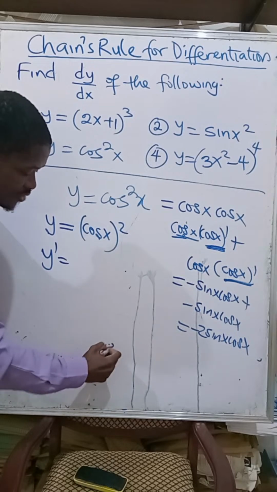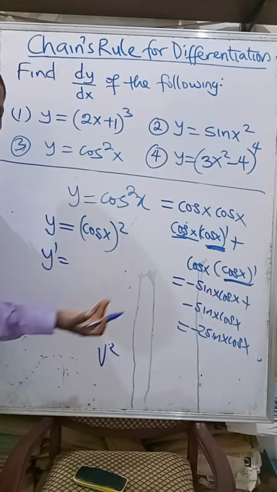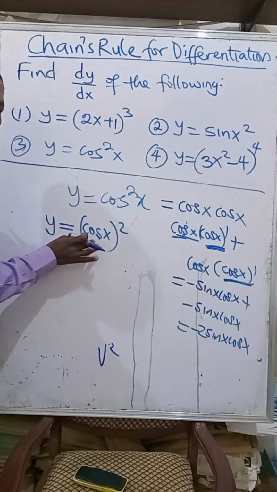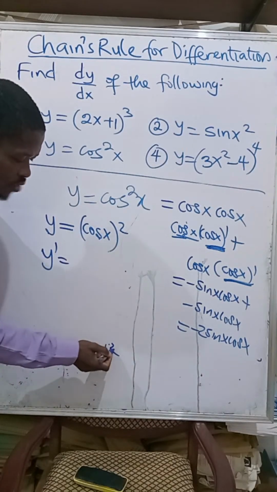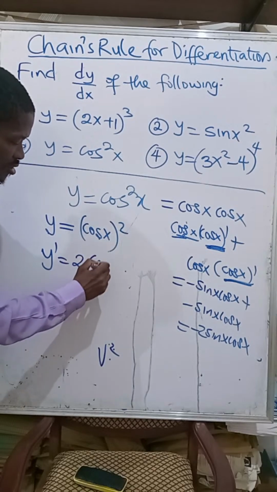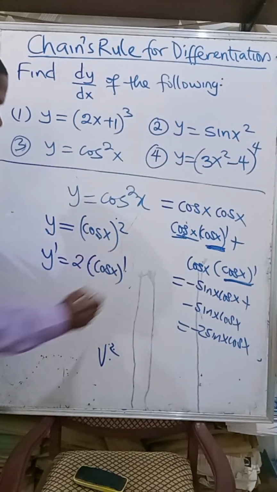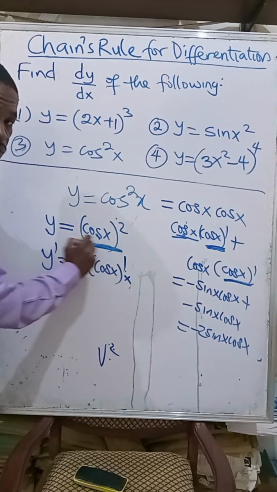Just like you have d square or t square, you imagine that this composite function is v. If you differentiate v square, it's going to be 2 times v, and your v is cos x, the power minus 1, and then times the derivative of the composite function.